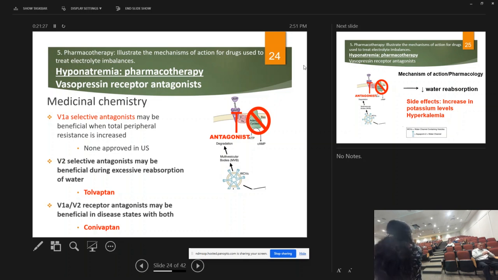But no one has used that, so I don't think we should care about this group. Let's focus on the two other groups here: the V2 selective antagonist and the V1 selective antagonist.